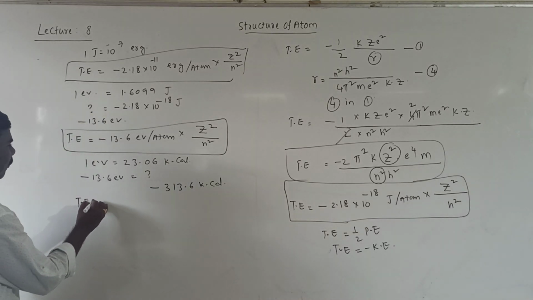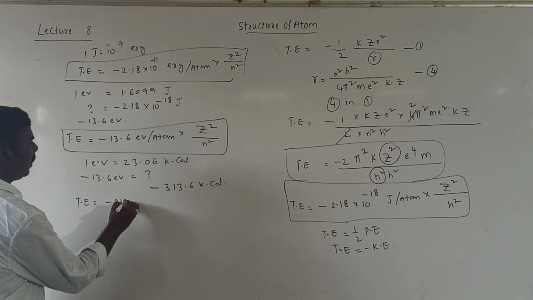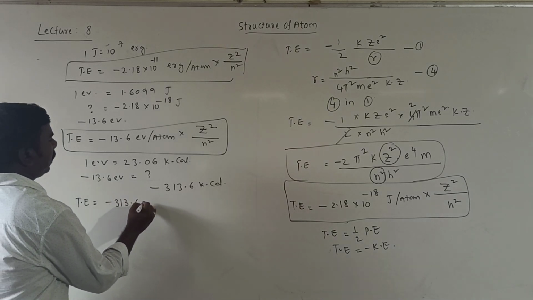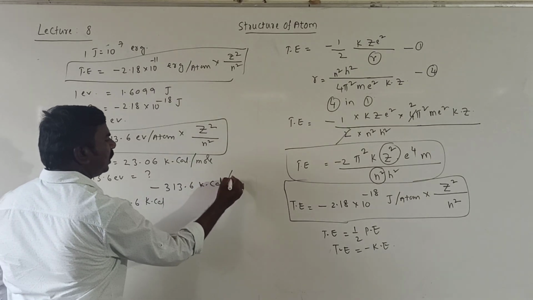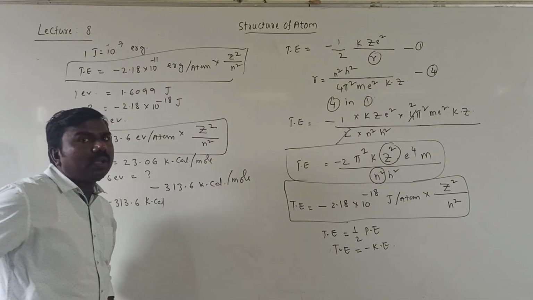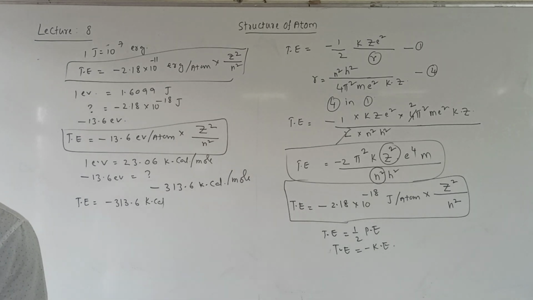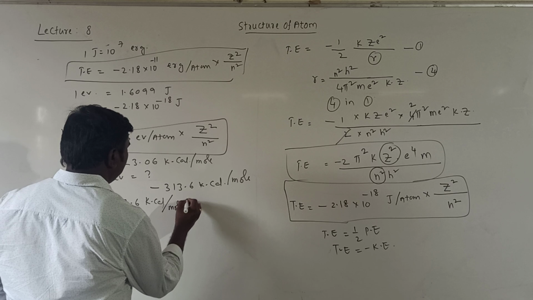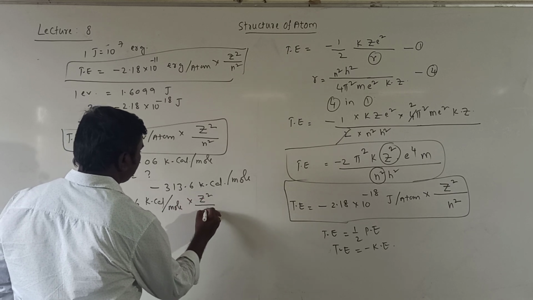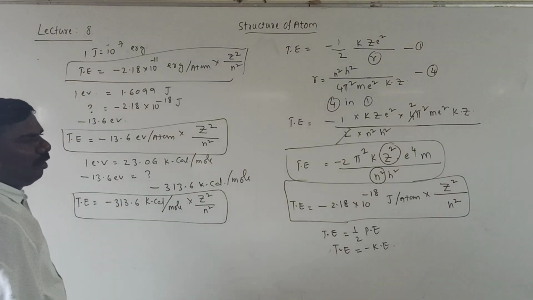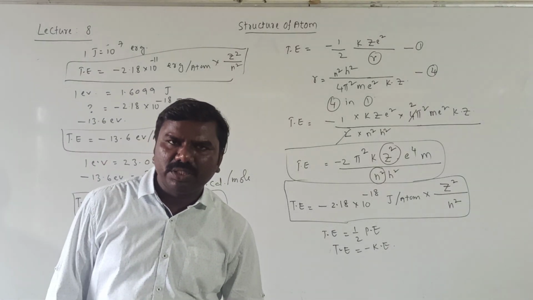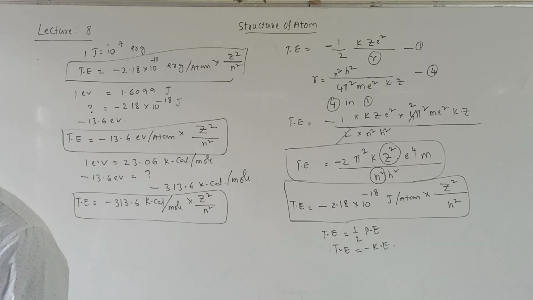Then total energy of electron is equal to minus 313.6 kilocalories. It is per mole actually, students. I have taken kilocalories per mole, remember, into Z square by n square. This is in kilocalorie per mole of electrons, the total energy in a particular orbit, right?